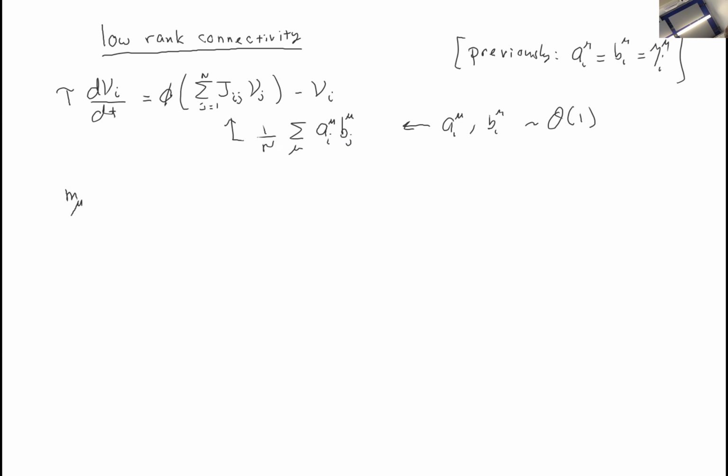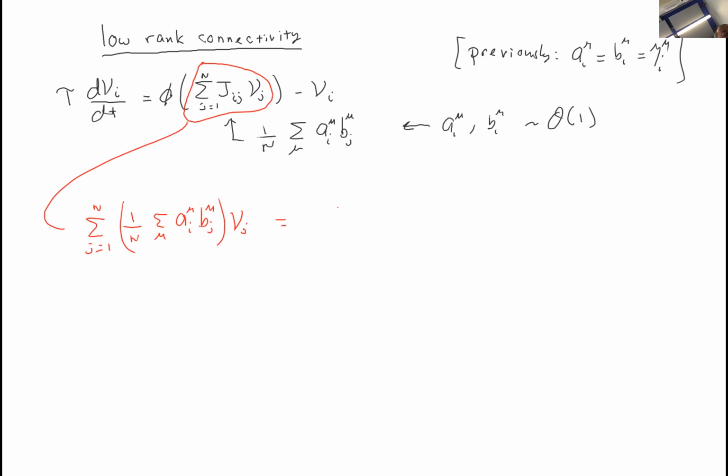Let's write down this sum: the sum over j equals 1 to N of J_ij nu_j, where J_ij is 1 over N, the sum over mu of A_i^mu B_j^mu. As usual, we're going to change the order.